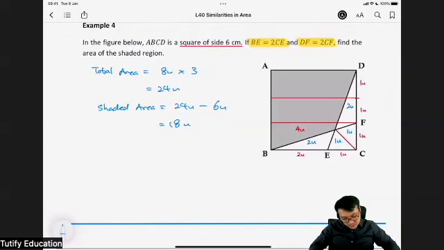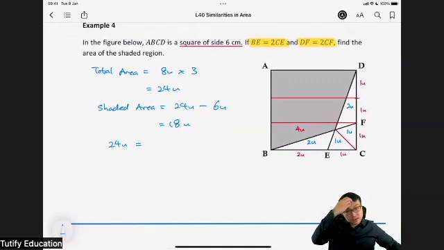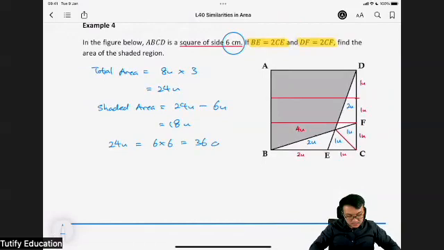So we know that the total area is 24 units. The total area is the big square. What is the area of the big square? You already know that the side is 6 cm, right? 6 times 6. So you know that the area of everything is 36 cm squared.